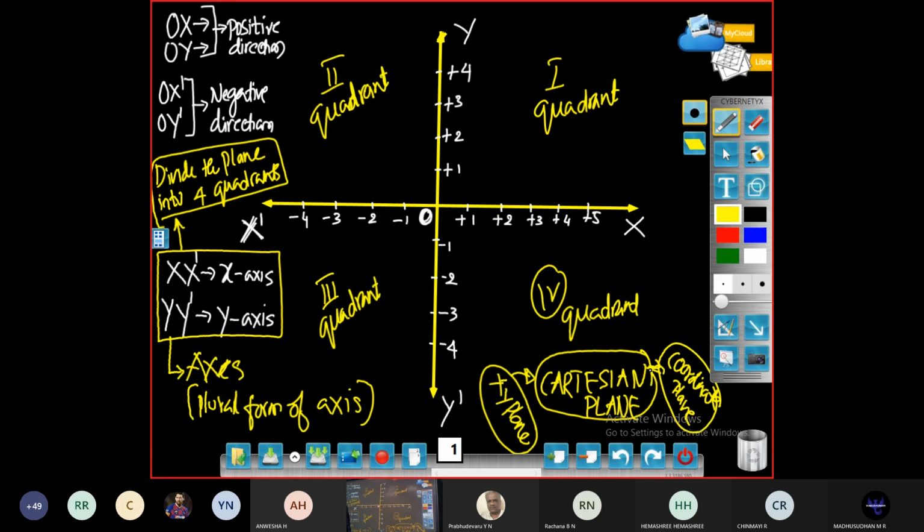The axes are called coordinate axes. X-axis and Y-axis both are called coordinate axes.